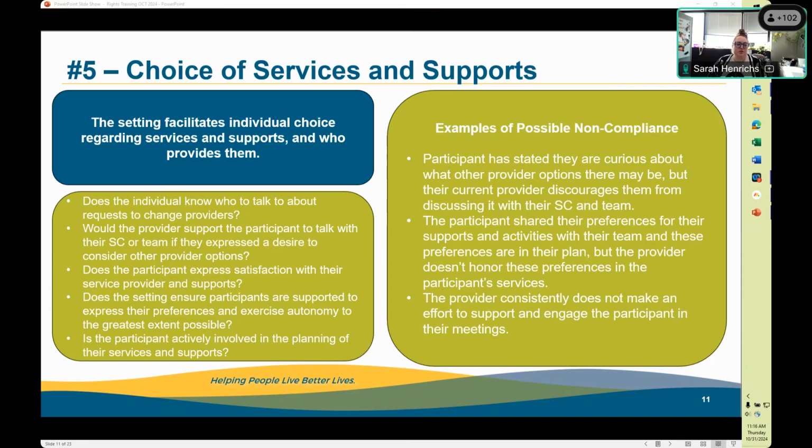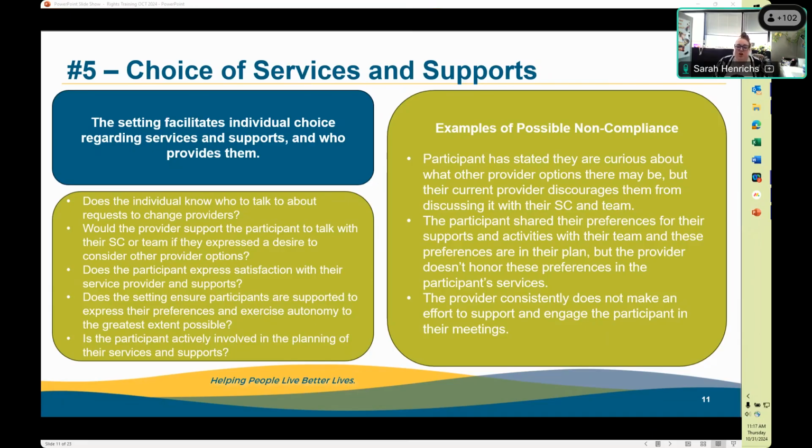Would the provider support the participant to talk to their SC or team if they expressed a desire to consider other provider options? Does the participant express satisfaction with their service provider and supports? Does the setting ensure participants are supported to express their preferences and to exercise autonomy to the greatest extent possible? Is the participant actively involved in the planning of their services and supports?